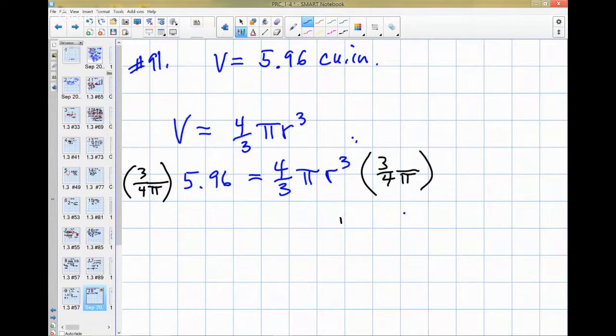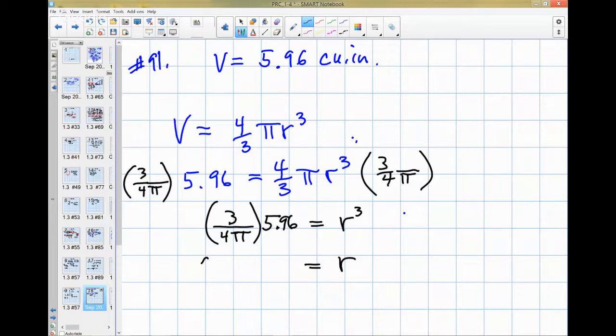So the right side now has the 4/3 and pi gone, and you have r cubed equals this. So you just have to multiply out. I'm not going to do it right now. You could get on your calculator and multiply that times 5.96. Once you have r cubed, how can you find r? You take the cube root.